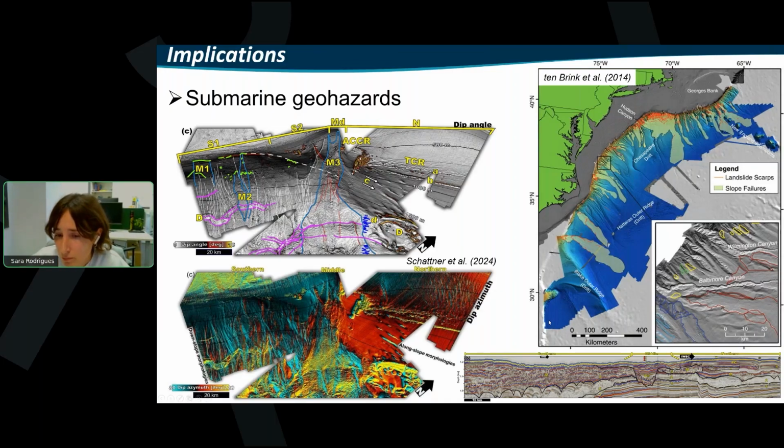Here in this work that was done a couple of years ago, they marked the presence of several landslide scars that you can see here in red, but also the size of the mass transport deposits that are associated with them. And you can see that they are quite recurrent throughout the area.